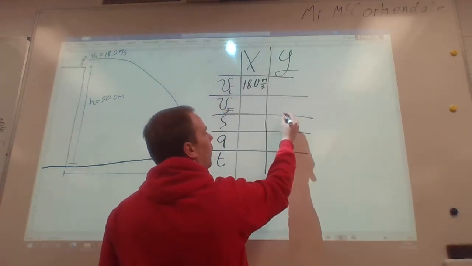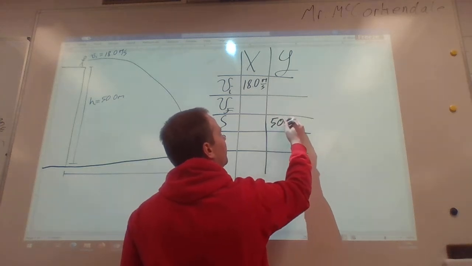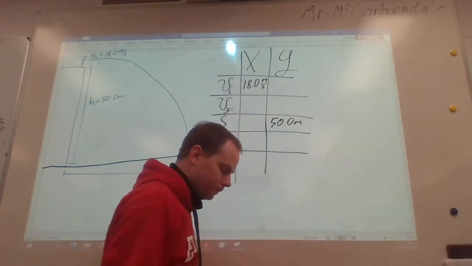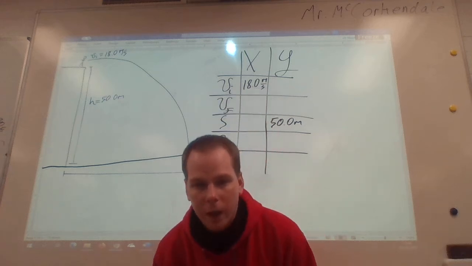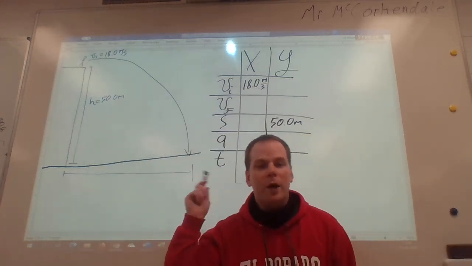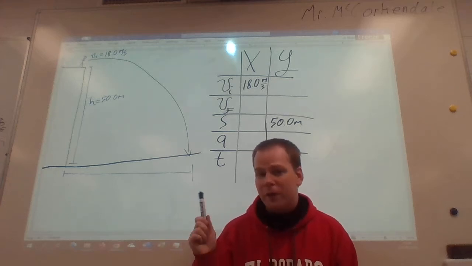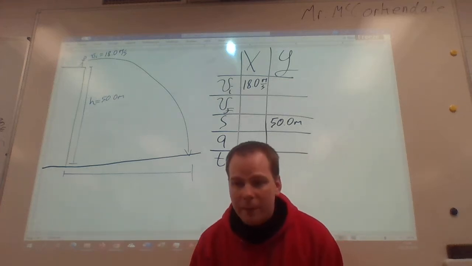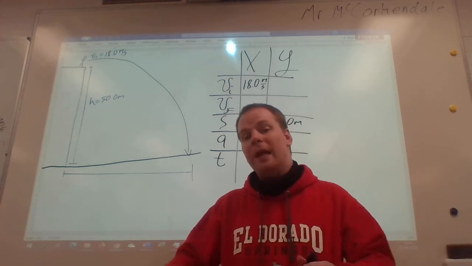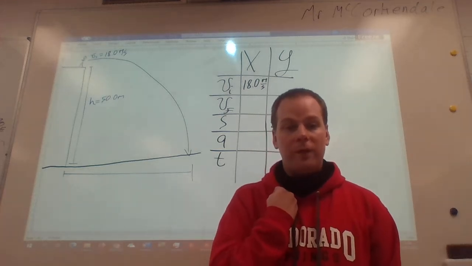So SY is 50.0 meters. Now at this point, we only have two pieces of information, and this is not enough to solve this problem. So we have to pull more information out of this based on what is written.